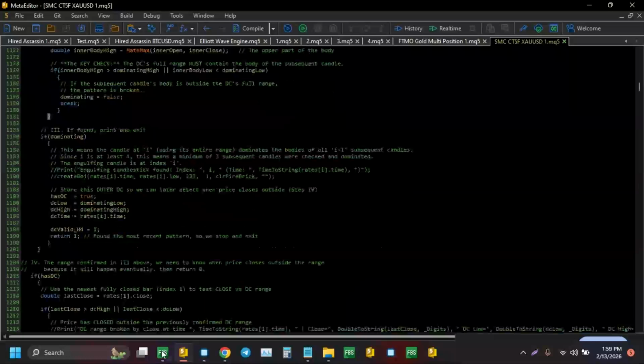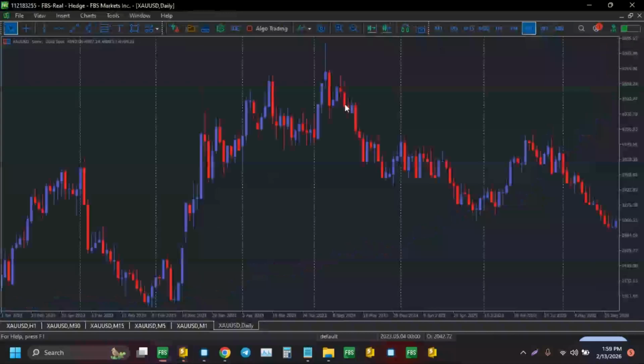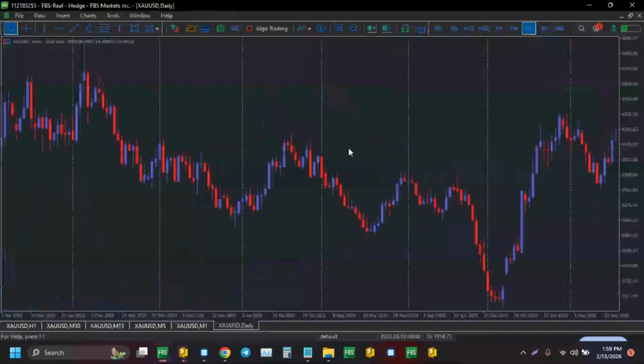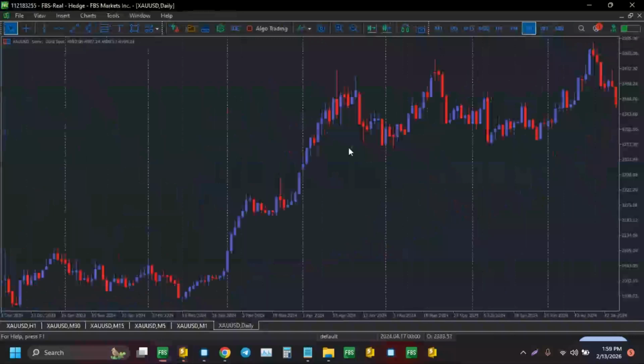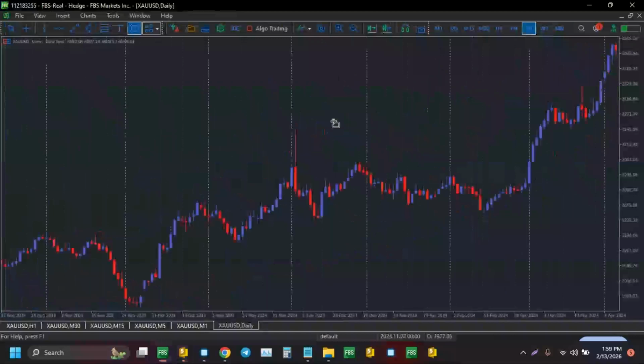And if you still have further doubts about how disastrous the dominating candle can be, I'm going to refer you back to December 4, 2023. Yes, this is December 4, 2023.